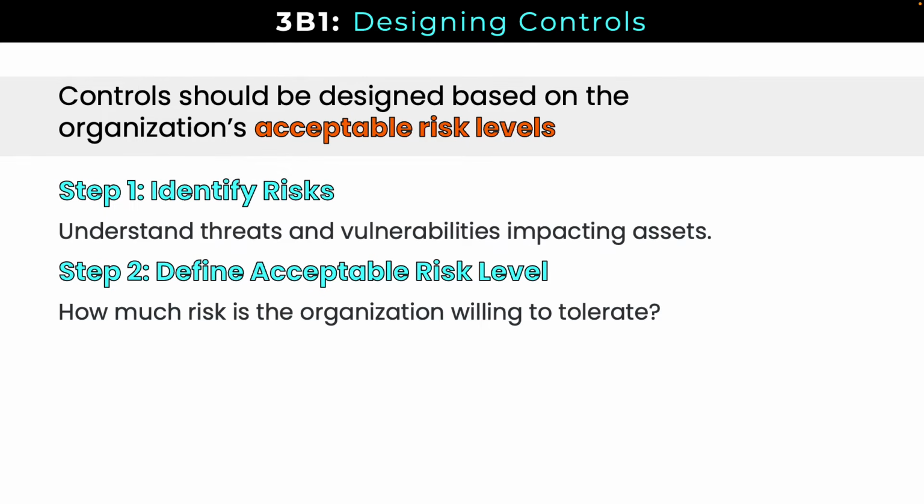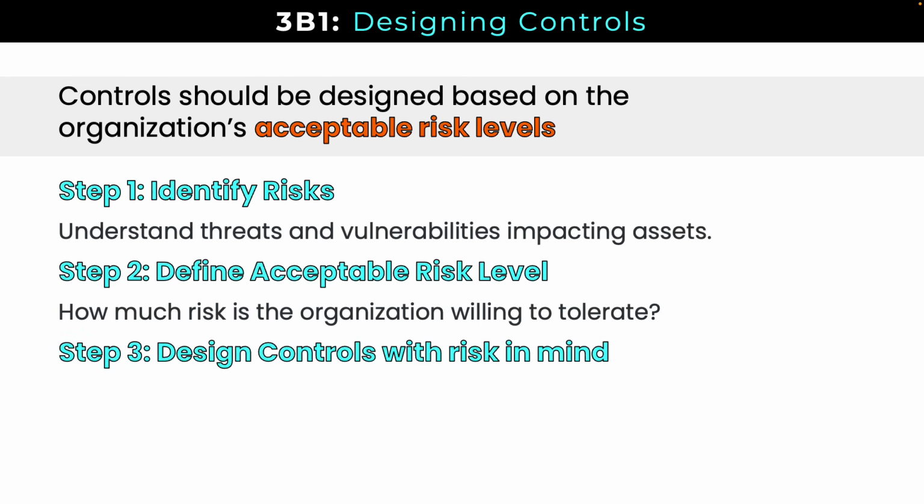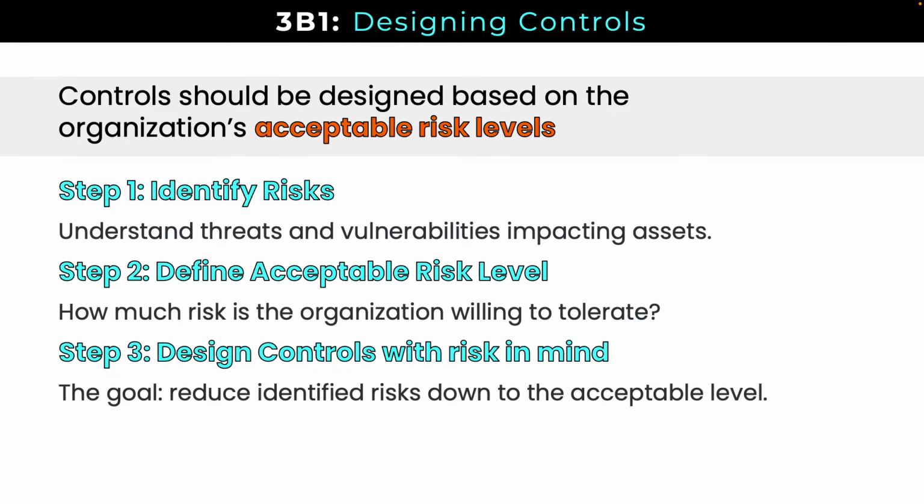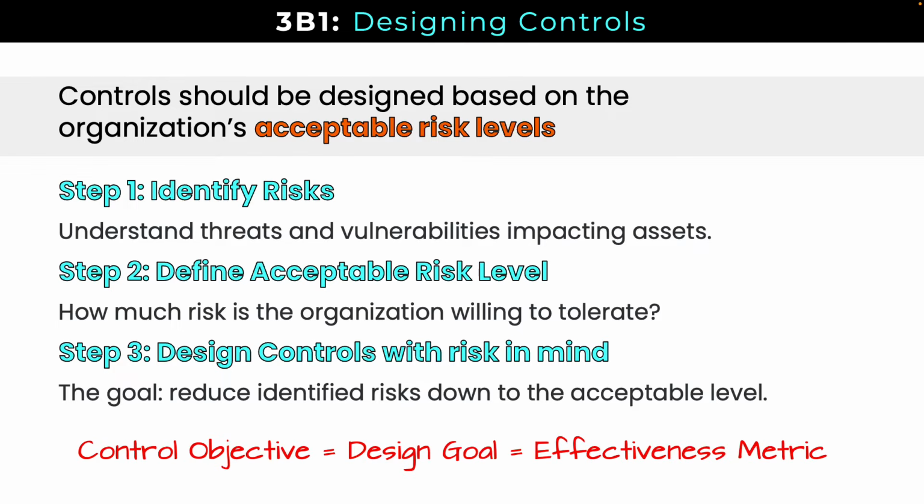How much risk is the organization willing to tolerate for a specific threat asset pair? Step 3, design controls with risk in mind. The goal is to reduce identified risks down to a level acceptable to the organization. And remember, the control objective is our design goal. It's the effectiveness metric. They're all different ways of basically getting to the same bottom line statement.